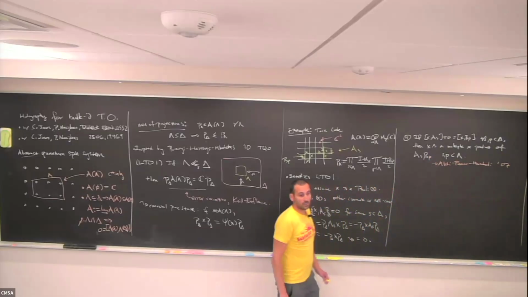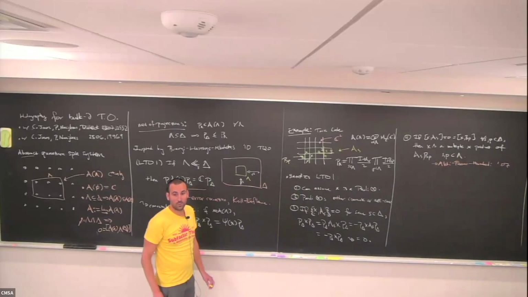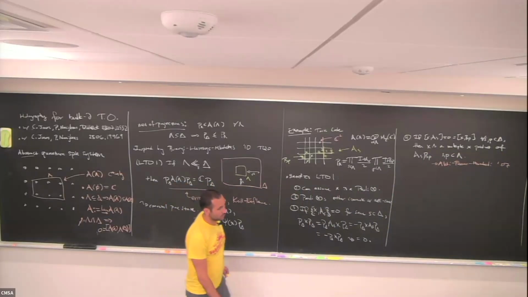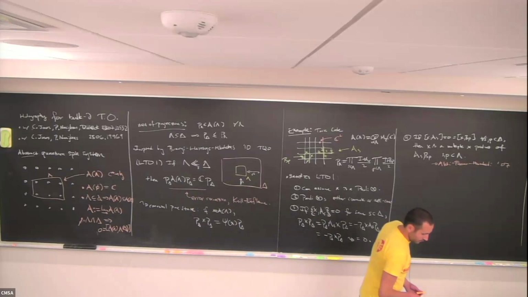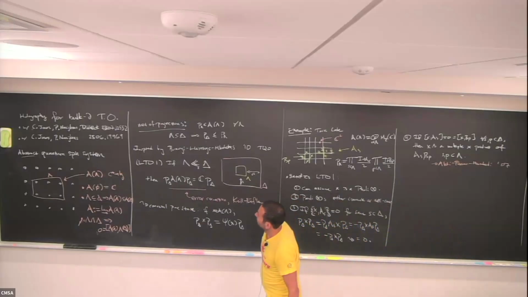Okay, so this is a nice algorithm. It's a nice exercise. If you lose the thread today, you can try to prove that. It's a wonderful little thing to prove. I don't want to ruin it for you. It's lovely. Okay, so that's LTO1. Fabulous. Great. So, yes, this is actually very nice.